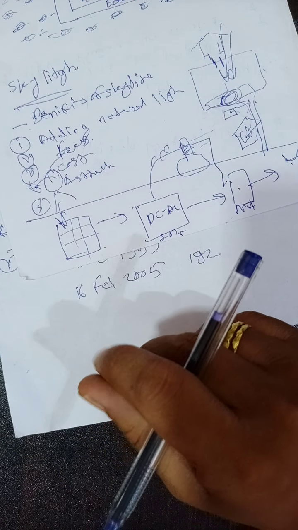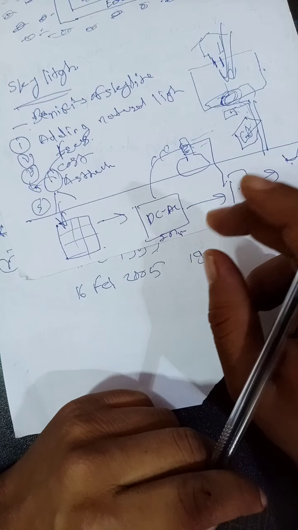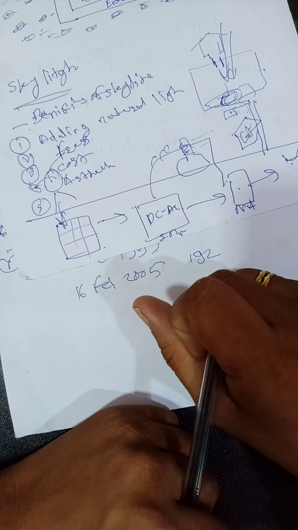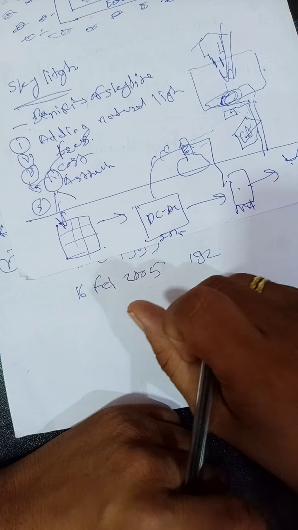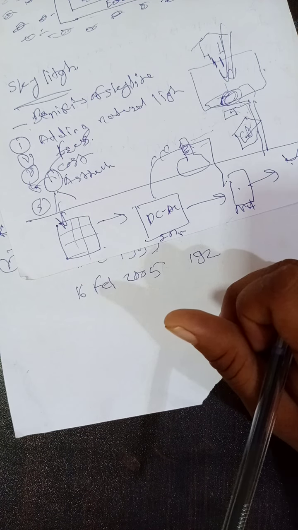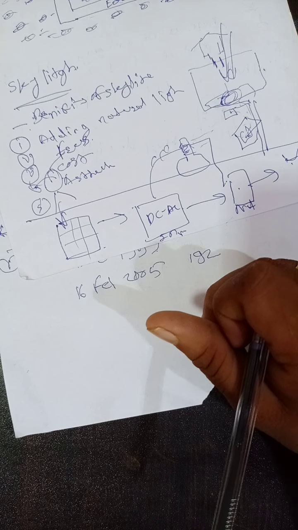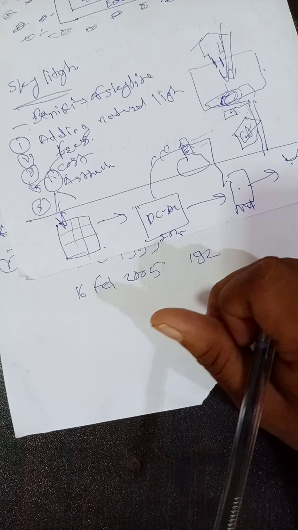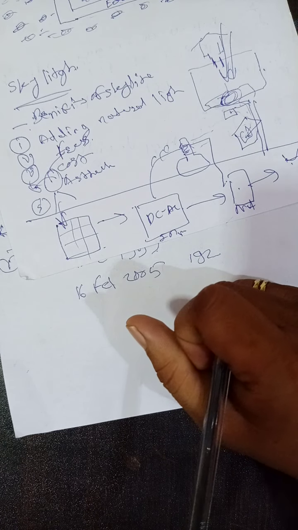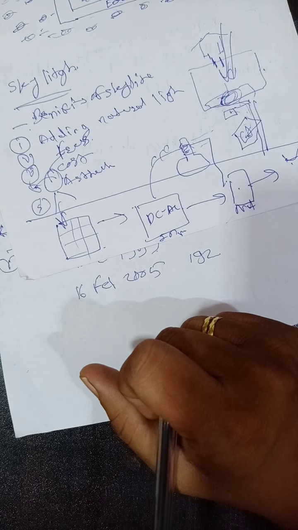So in the next lecture we are going to finish this chapter, and after this we start mechanical systems. This is a very simple chapter, mechanical systems. In this we have to discuss thermal energy systems and energy conservation in the boiler.